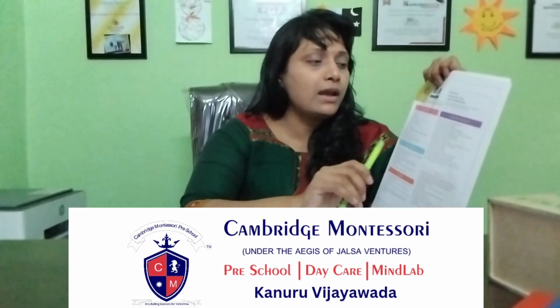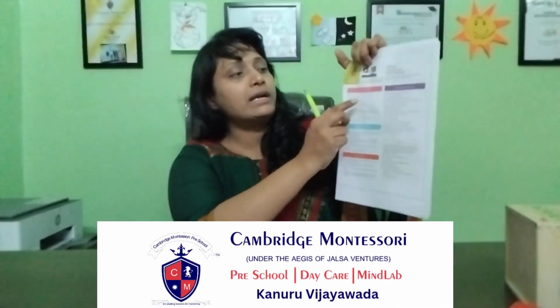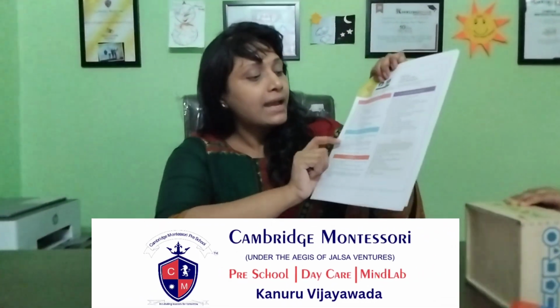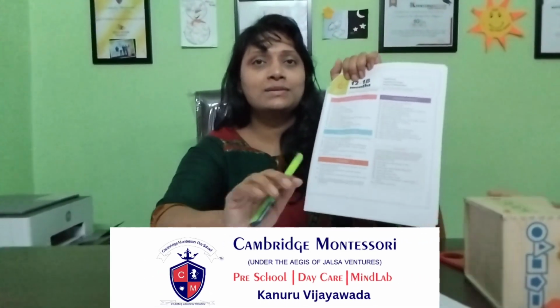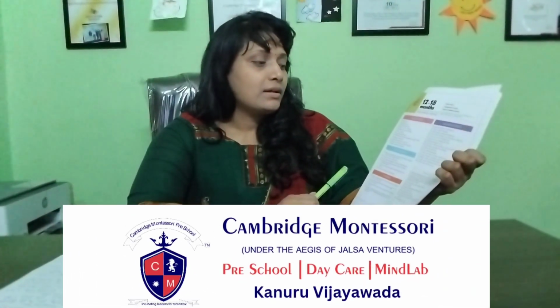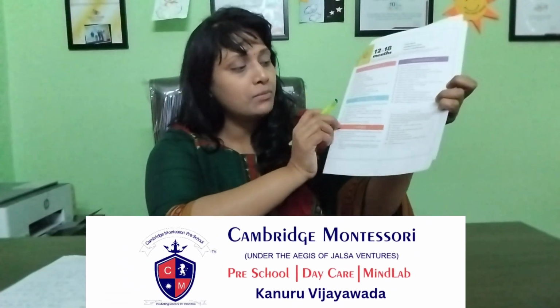In the same way, go through all the points in the health and motor column, and then come the social emotional points. Next comes the social emotional column.